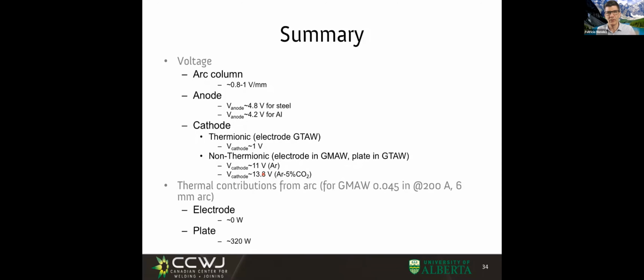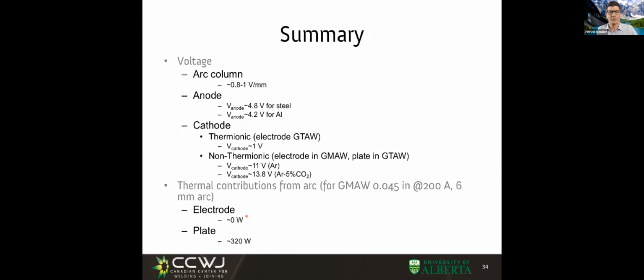Otherwise, I'm going to burn all the wire into the contact tip. This one slide is extremely powerful because you can make all those inferences. And finally, I add something here in which I say very roughly that the electrode gets very little energy from the arc.